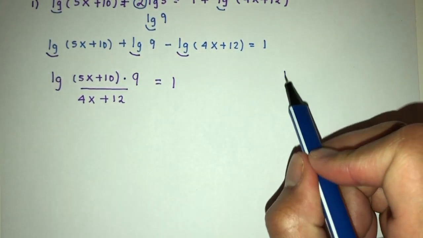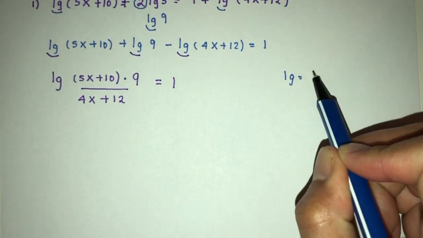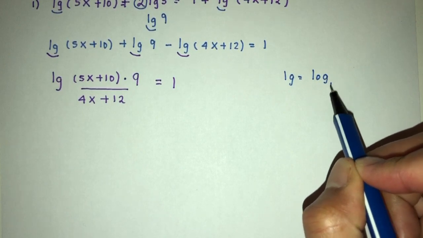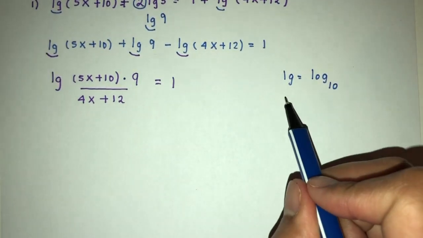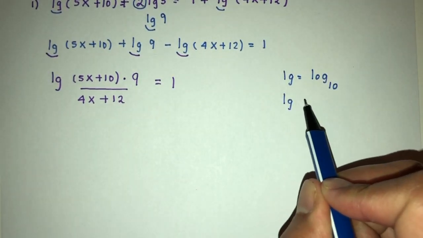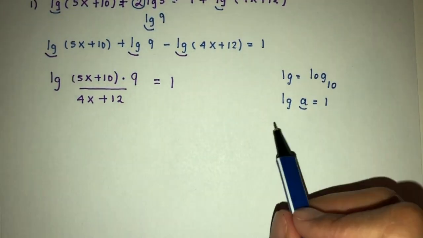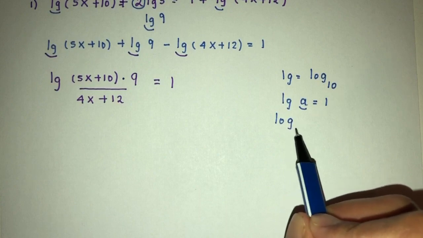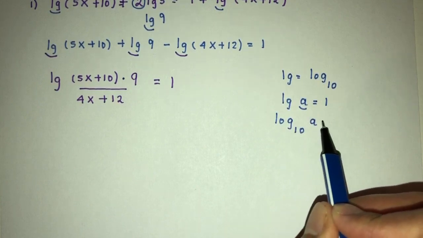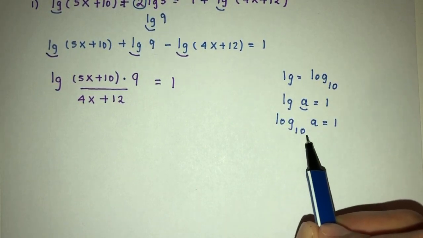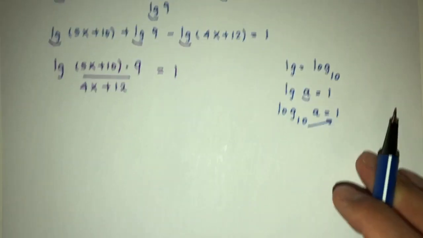Now what is lg? lg is actually log to the base of 10. For example, let's say I have lg of a is equal to 1. Let's find the value of a, which means we have log base 10 of a. To find the value of a, I have to send this 10 over here as the base.